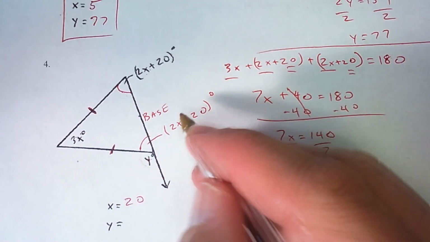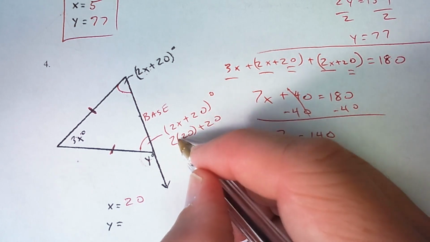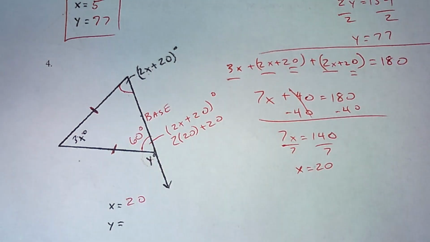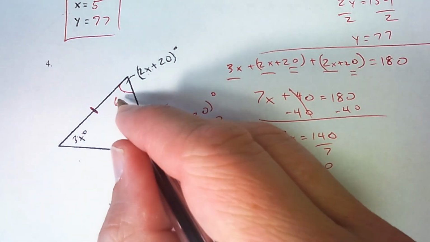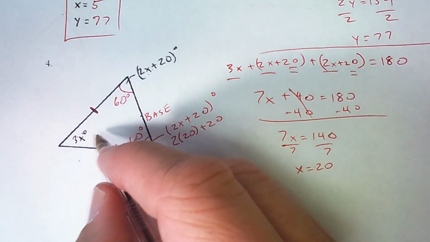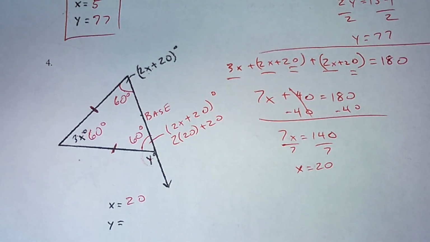Okay, now I can plug that in right here. 2 times 20 plus 20. So that's 40 plus 20. So that tells me this is a 60-degree angle. Which means this, by the way, is also a 60-degree angle. Which means this is a 60-degree angle.